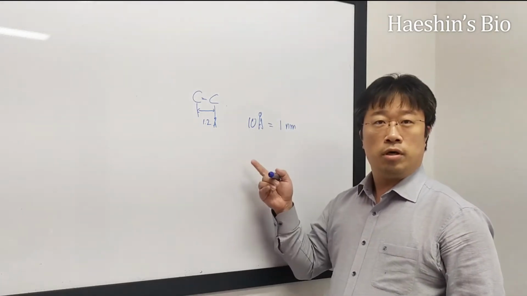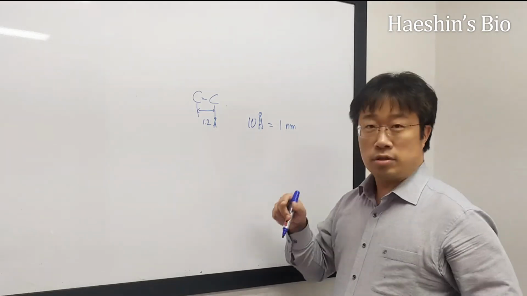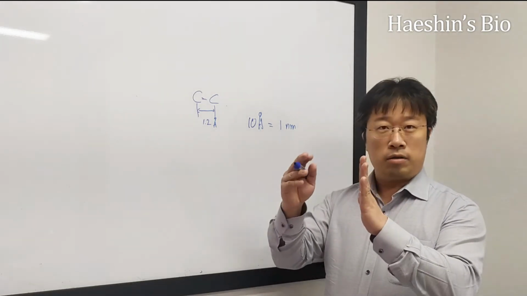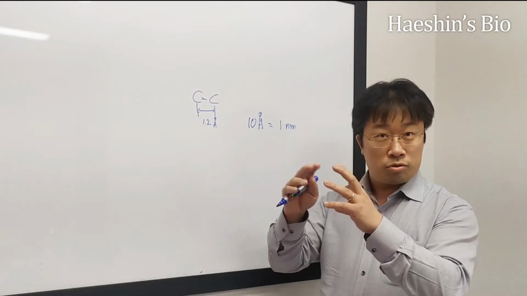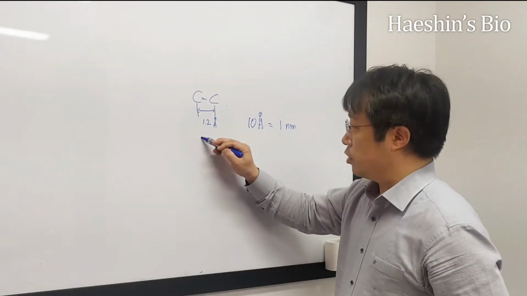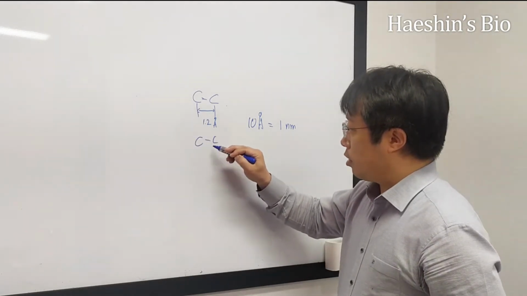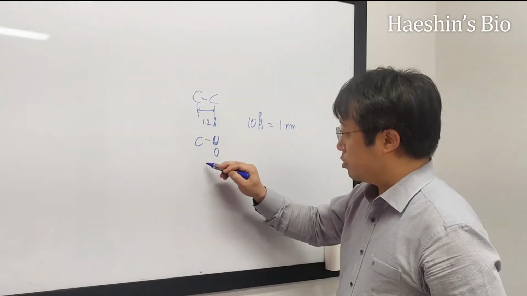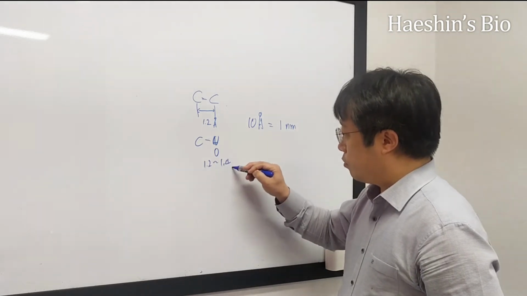The reason I talk about the angstrom is that this is the bond length between any atoms, such as carbon or nitrogen or oxygen, which is 1.2 to 1.4 angstrom.